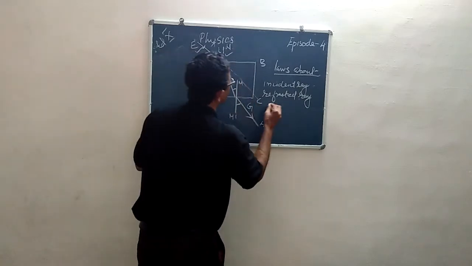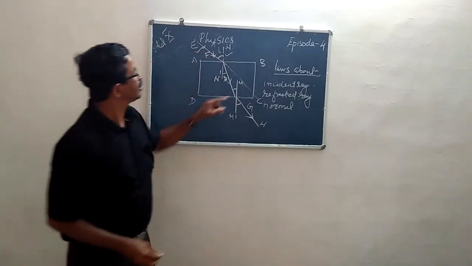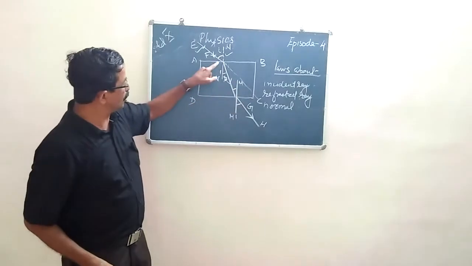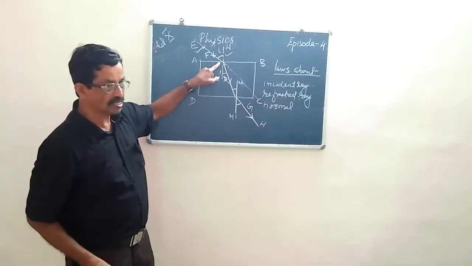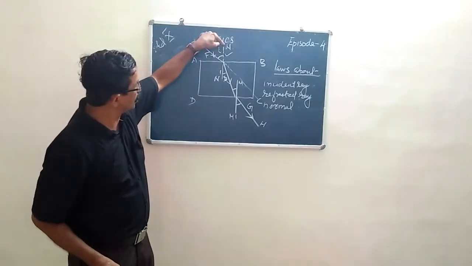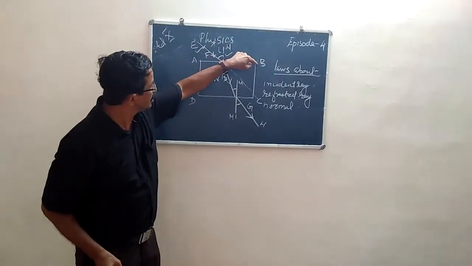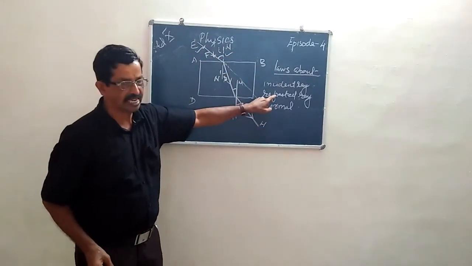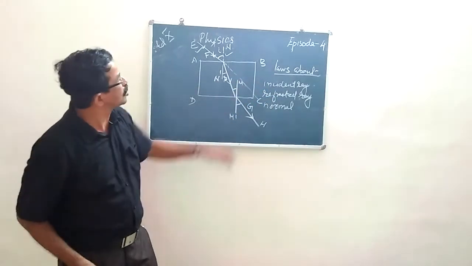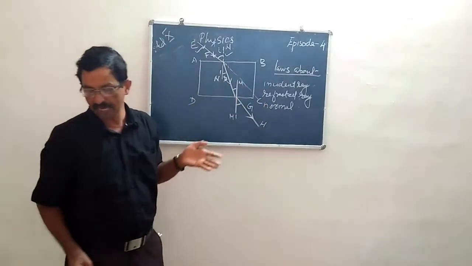This is the normal. The incident ray, refracted ray and normal at the point of incidence of the two transparent media, they lie in the same plane. That means incident ray, refracted ray and normal all lie in the same plane.